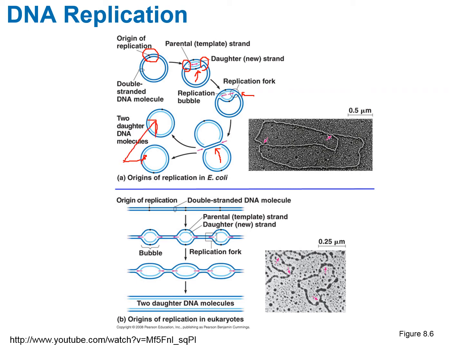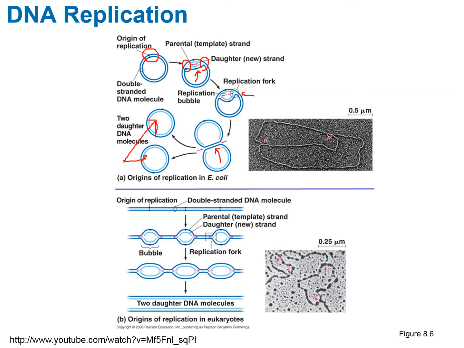In eukaryotes, your chromosome is much longer than in prokaryotes. I believe I mentioned that your typical prokaryotic chromosome is only about 1 millimeter in length. For a eukaryote, your chromosome can be something like 6 feet long, so quite a bit longer.